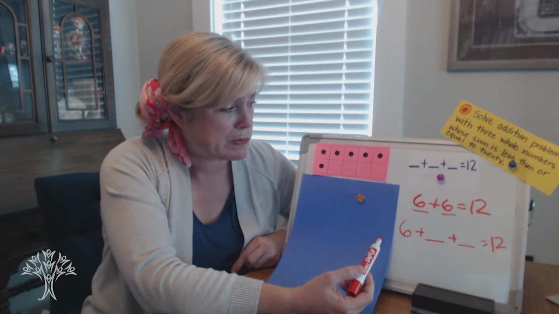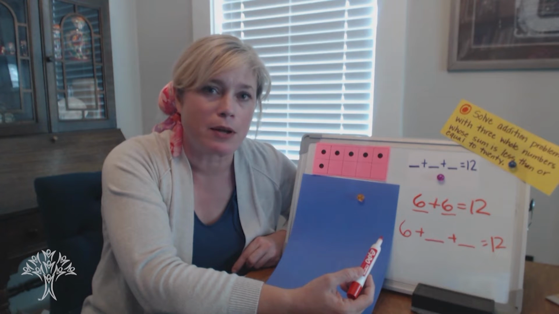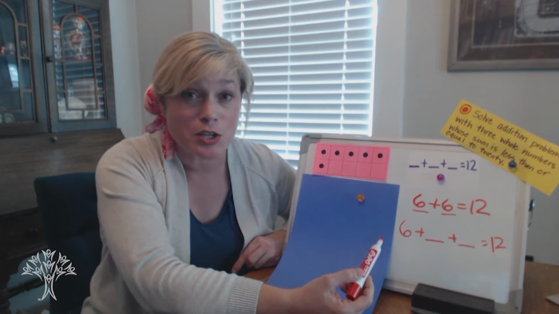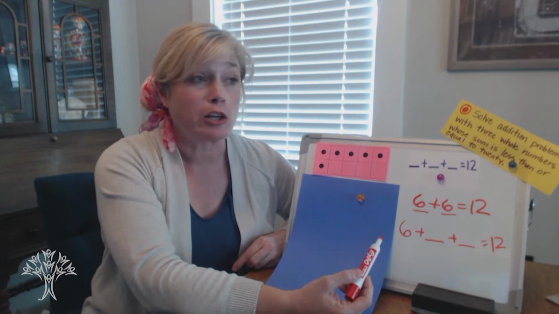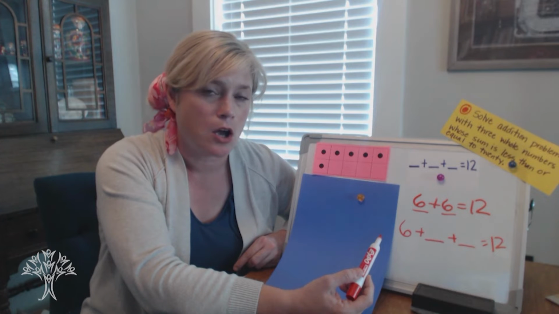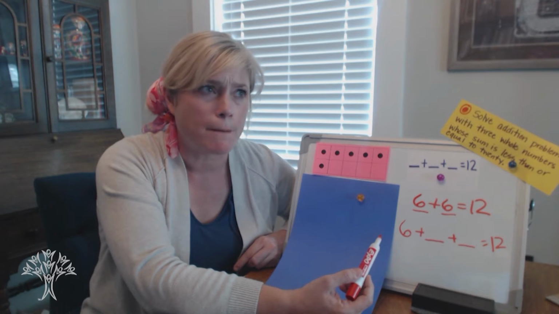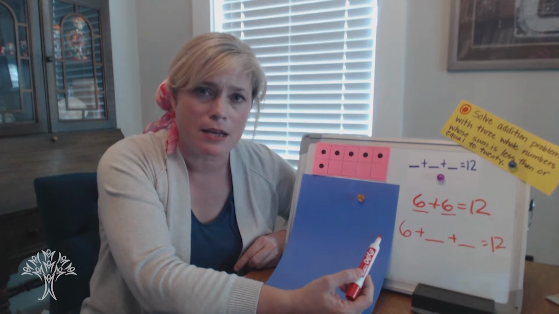Do you have any ideas? This is where you might want to talk to someone next to you, maybe telling that other person in your house, hey, I'm looking for some ideas. If I have 6, what 2 other numbers could I put with it to make 12?